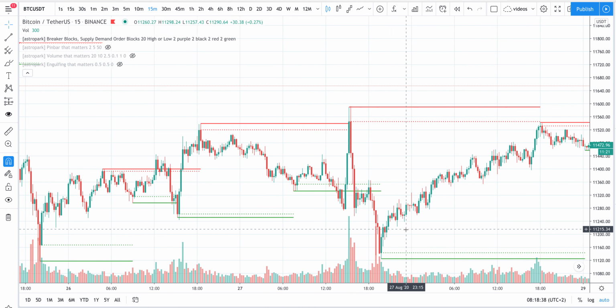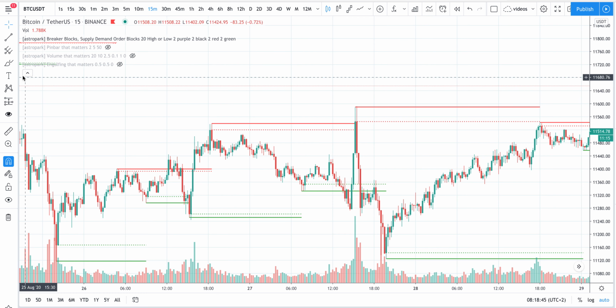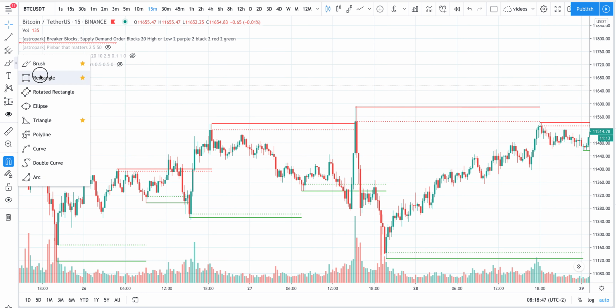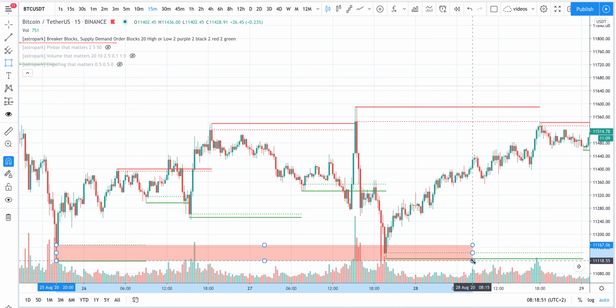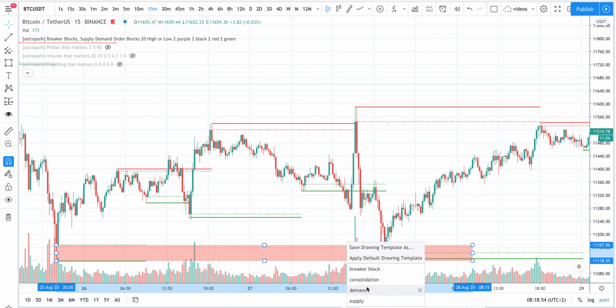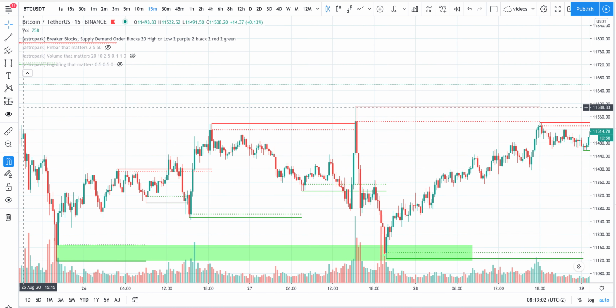Something I wanted you to understand is that if you had a zone in the past, like this, for example, it will be respected also in the future.